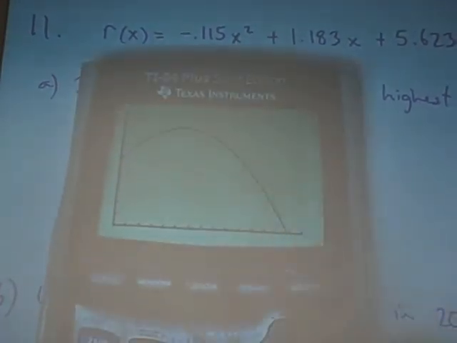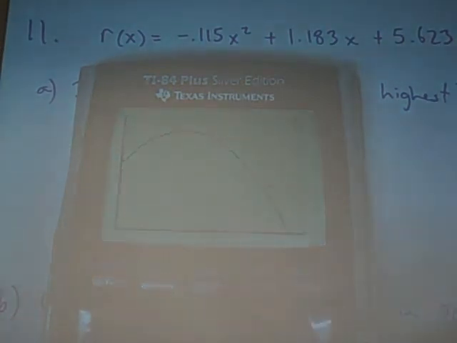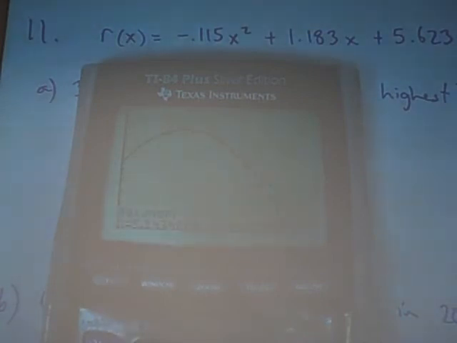So this is our function. If we want to know where this is the highest, we go to find the maximum, and so we need to go just to the left of that maximum and push enter, then go just to the right of that maximum and push enter, and then give it a guess.